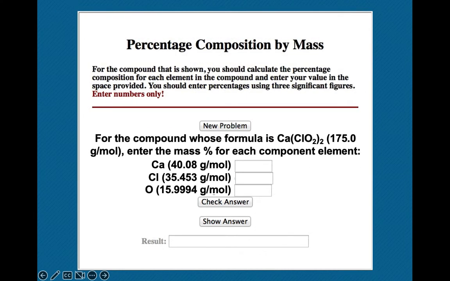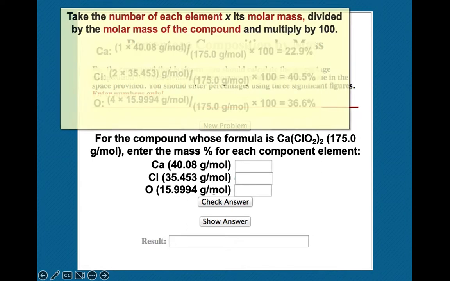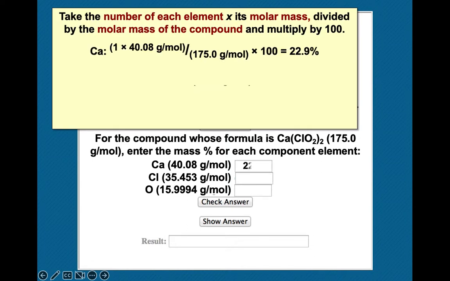ClO2 is what? If ClO3 is chlorate, ClO2 is chlorite. Calcium, not a transition metal. So it's simply calcium chloride. All right, 1 calcium for every calcium chloride. 1 divided by 175, 23%.